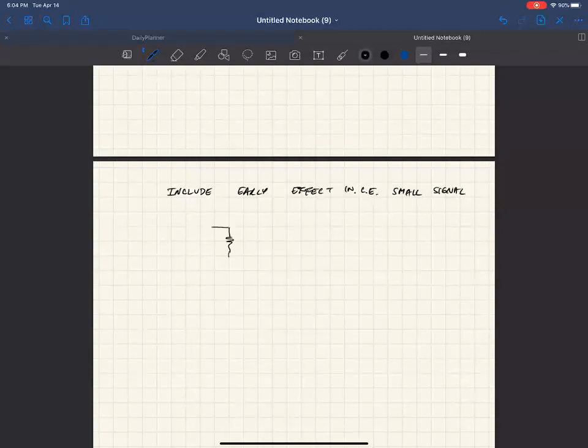Okay, if there are no other questions, I'll get back to including the early effect in the common emitter stage. So again, I'm just going to draw the common emitter small signal model. Notice a couple of things. I've shorted out the battery because we're talking about small signal gain now.